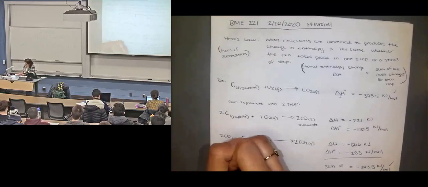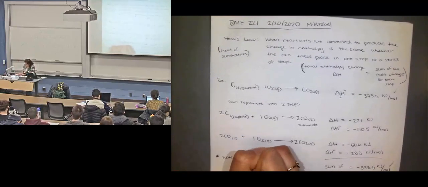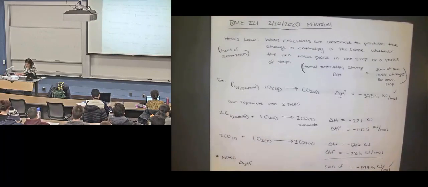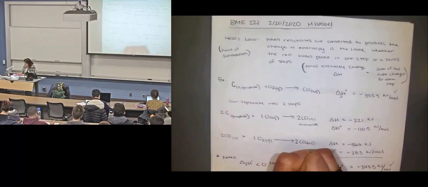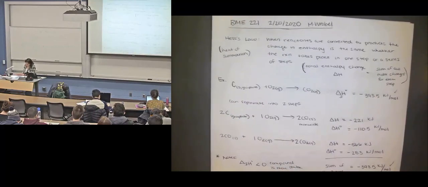So a couple of notes really quick. Enthalpy of formation, if this value is less than 0, then another way to think of this is that the compound is more stable than the elements that it's made out of.